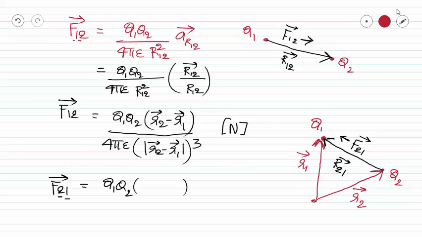Using the vector addition rule, R21 bar is equal to R1 bar minus R2 bar.